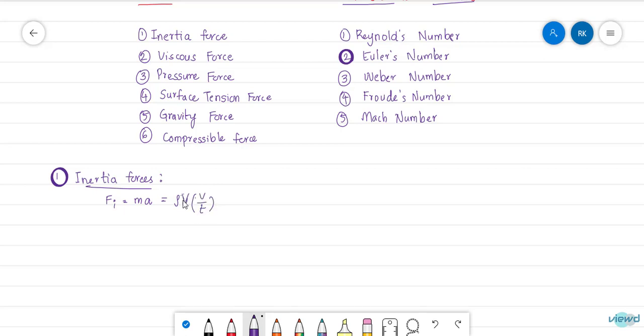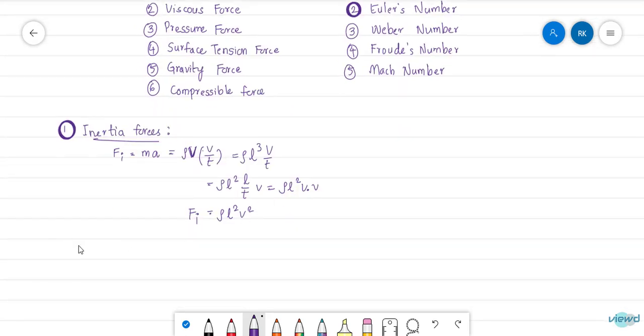Now volume can be written as L cube into velocity by time, and this also can be written as rho L square into L by T into V. L by T means V, and again V is the velocity. So rho L square V square. So inertia force is equal to rho L square V square.